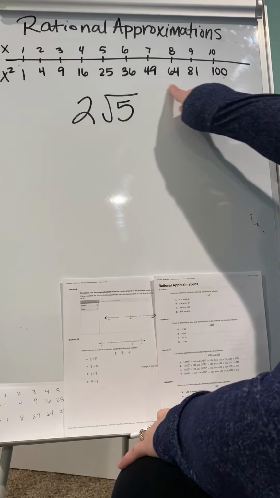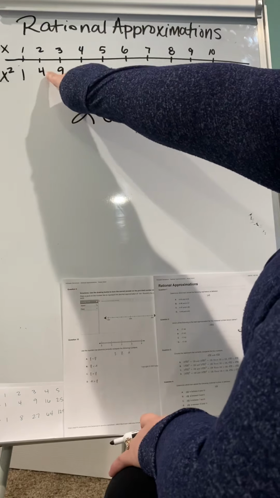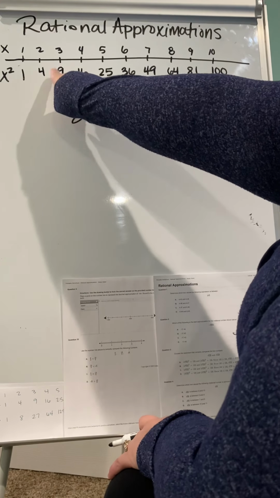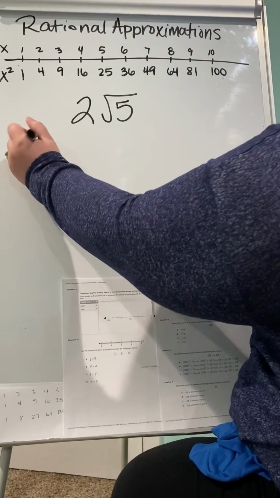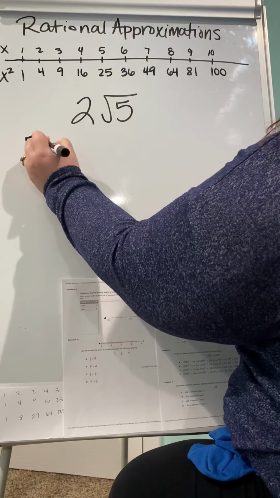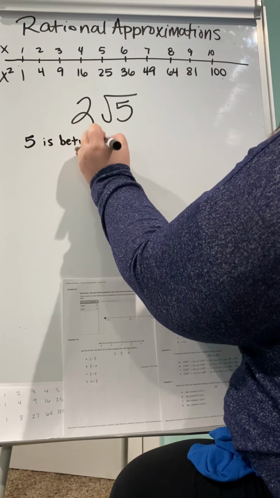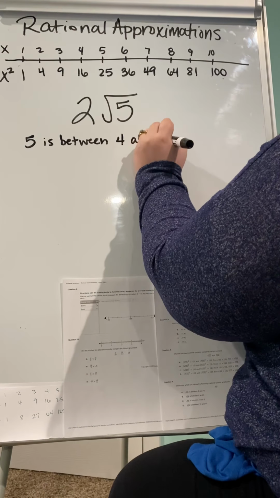Well, if I'm trying to find the square root of 5, the square root of 5 is somewhere between these two numbers. Okay, so 5 is between 4 and 9 when we're looking at perfect squares.